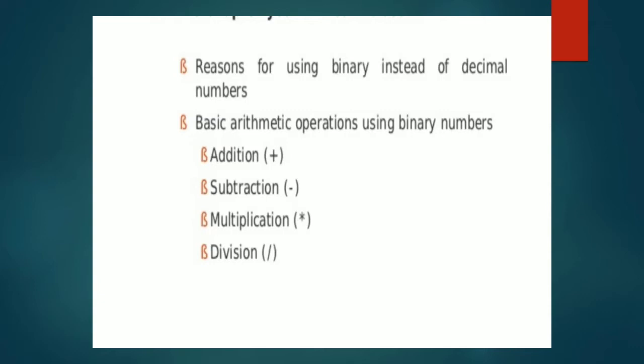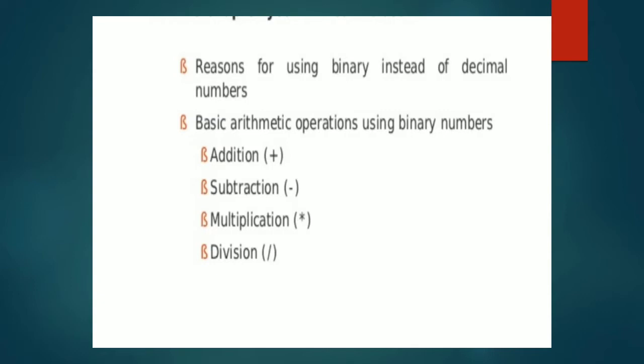There are some reasons why we use binary instead of the decimal number system. The binary number system has only two digits, 0 and 1, and computer circuits only have to handle two binary digits rather than the 10 decimal digits, and it is less expensive and more reliable.